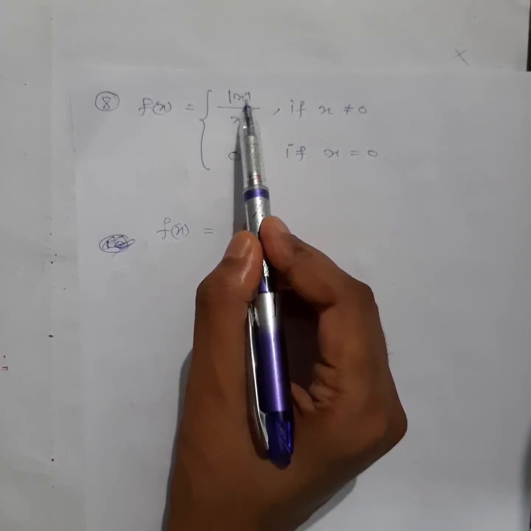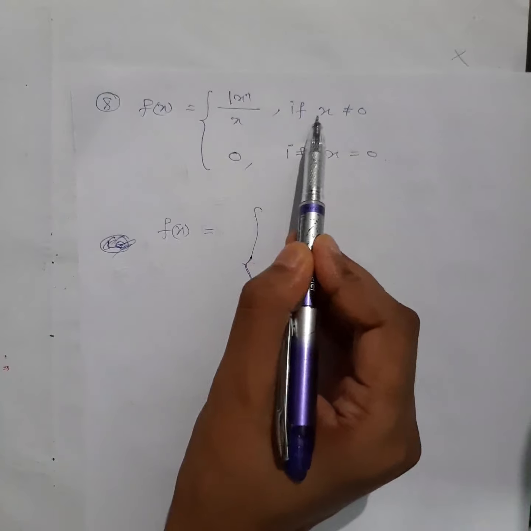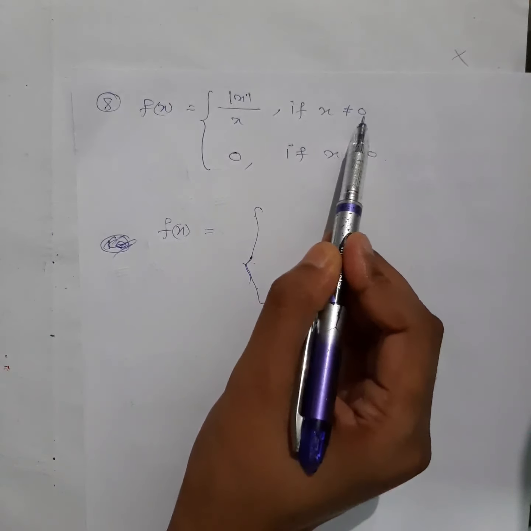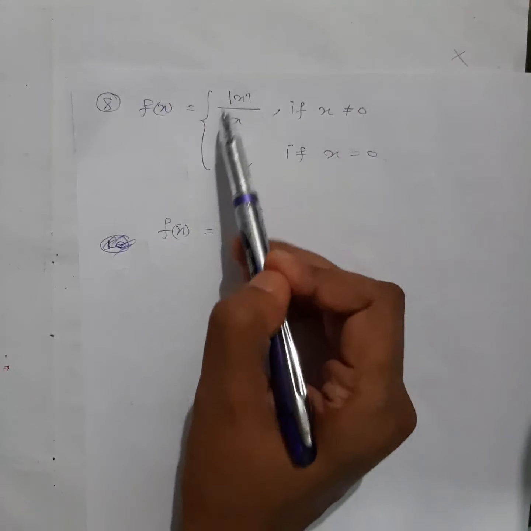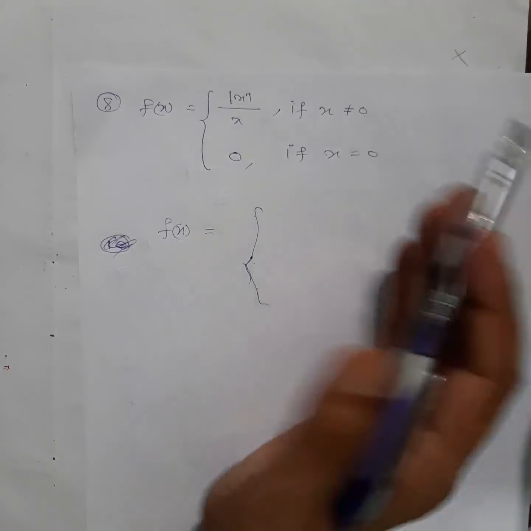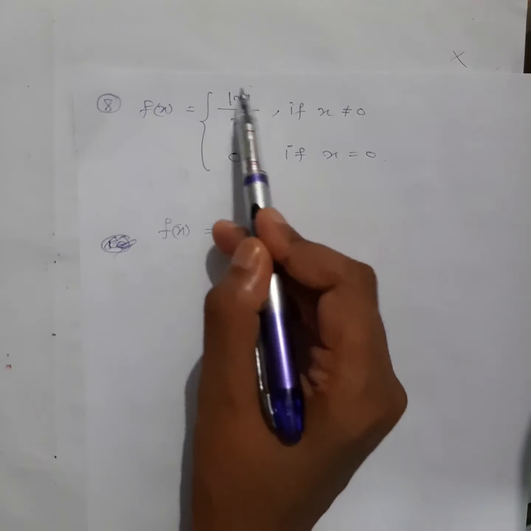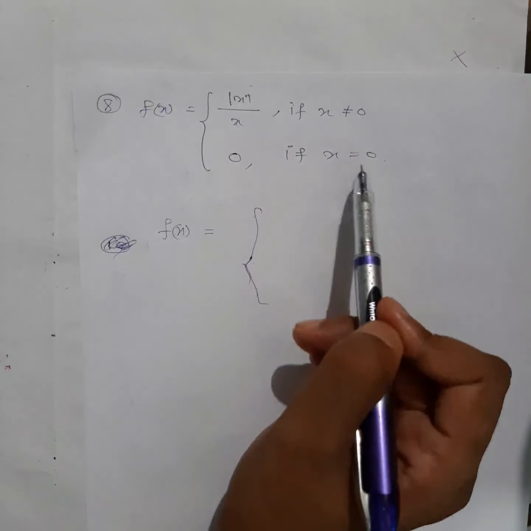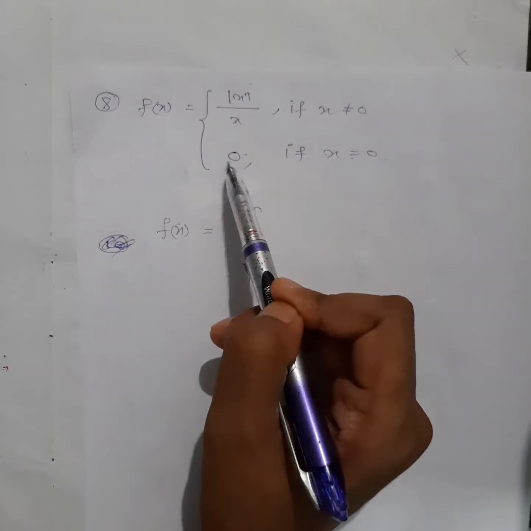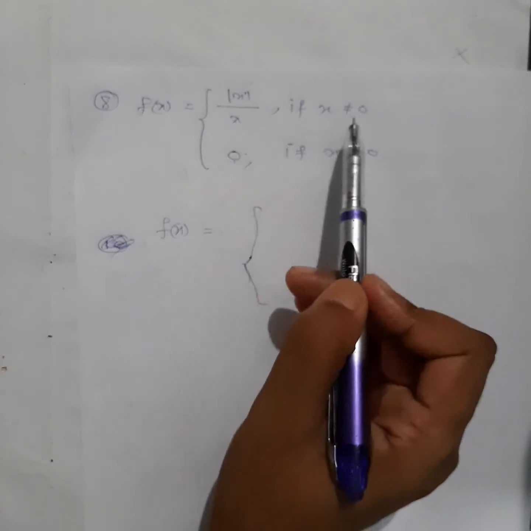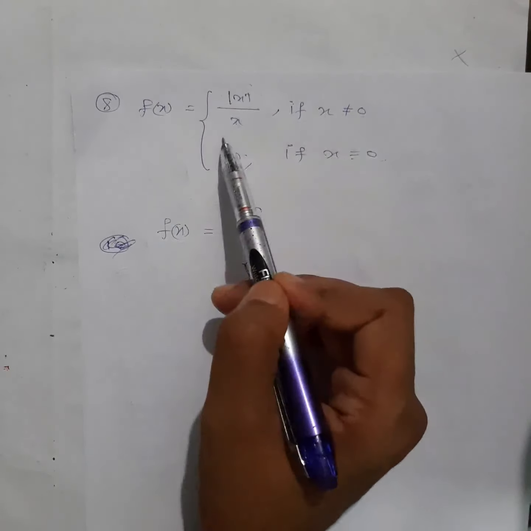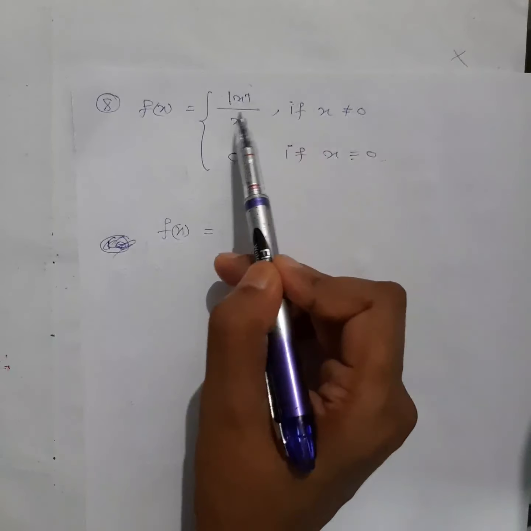See, modulus of x by x, if x not equal to 0, means whenever your x is not equal to 0, we have to take this function. Means x less than 0 or greater than 0, whatever value you are taking, for that this will be the function. Okay, but if x equal to 0 you are taking, this will be the function. Means what? Y value will be this one. So x, whenever you take less than 0 and greater than 0, your y will be this one.